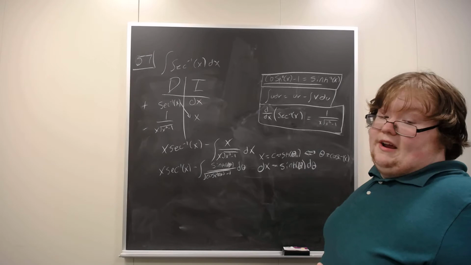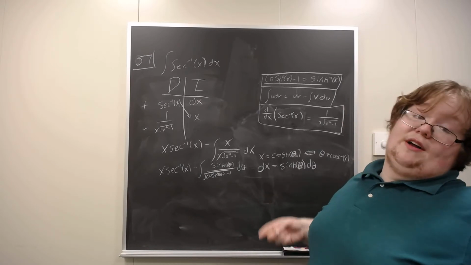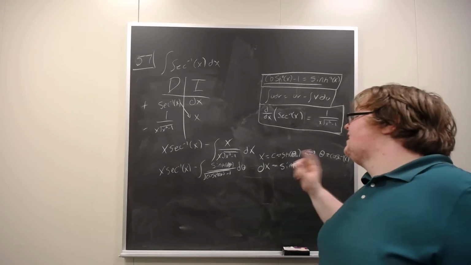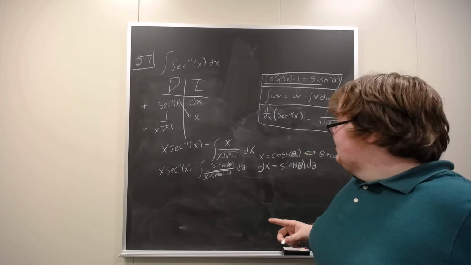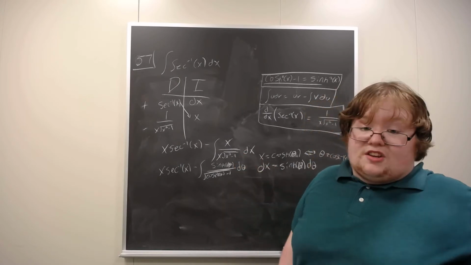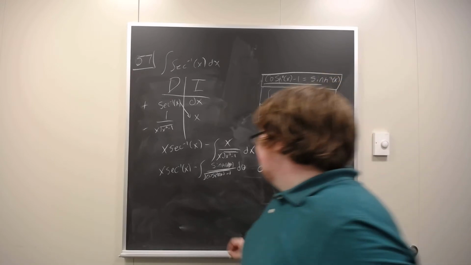All right, we're in a good position. Now we have cosh squared minus 1. Using your hyperbolic trig identities, you know cosh squared theta minus 1 is going to be sinh squared theta. However, we have the square root of sinh squared theta, which is going to be sinh theta, and we have a sinh theta on top. So we have sinh theta divided by sinh theta.